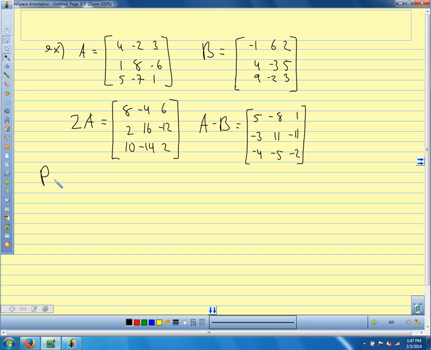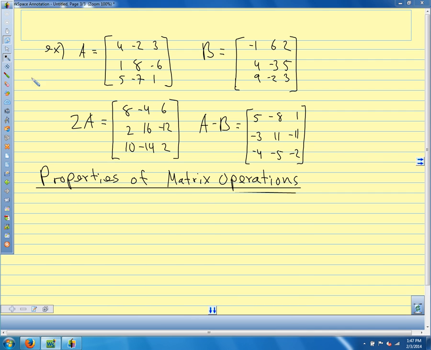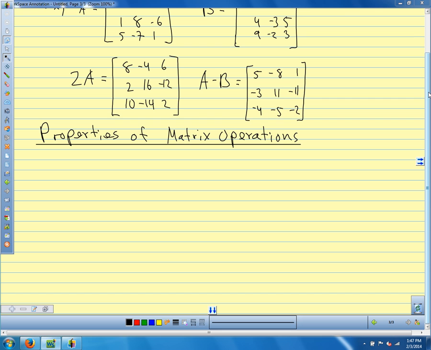All right. Our properties of matrix operations. These are just some rules about how we can combine matrix addition and scalar multiplication in different ways.